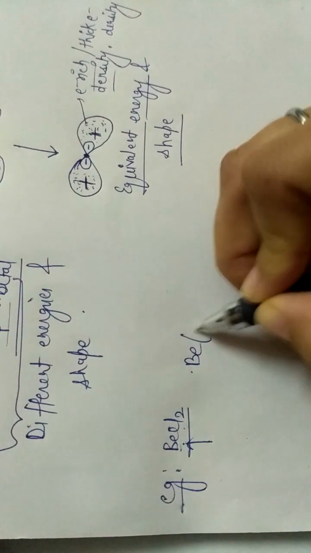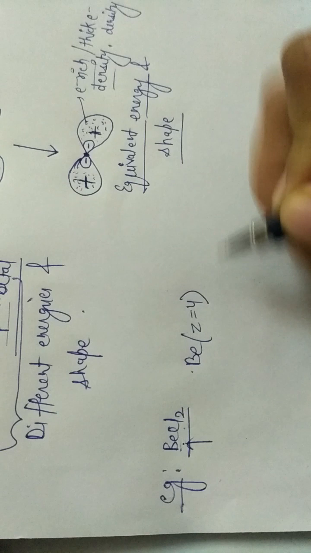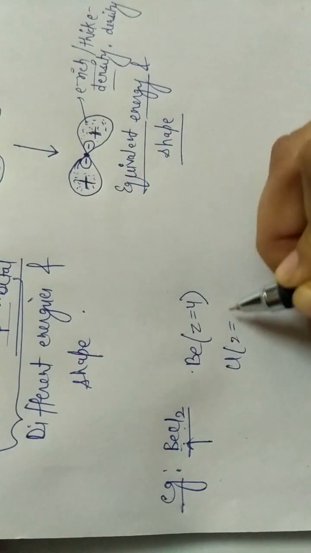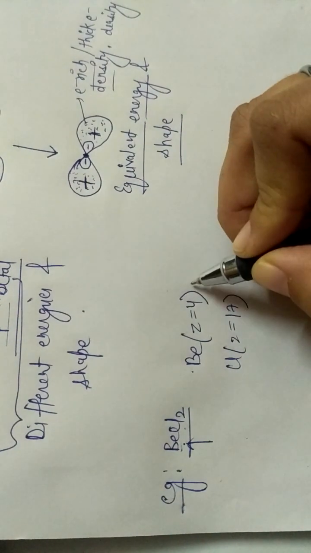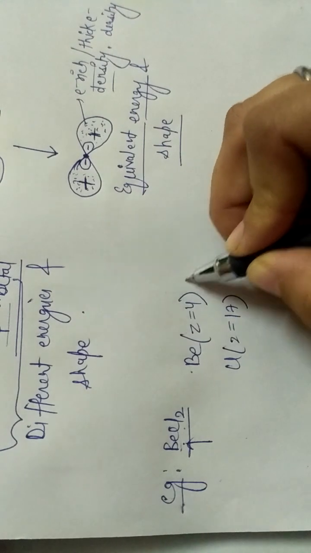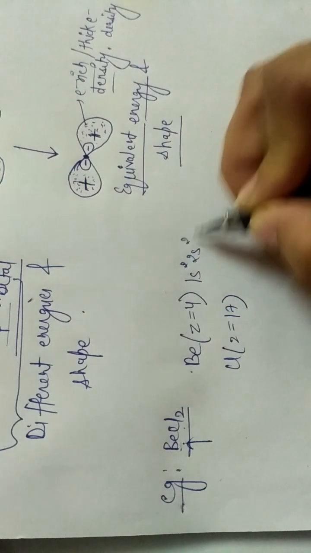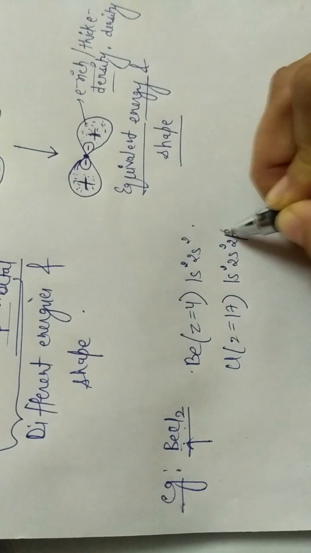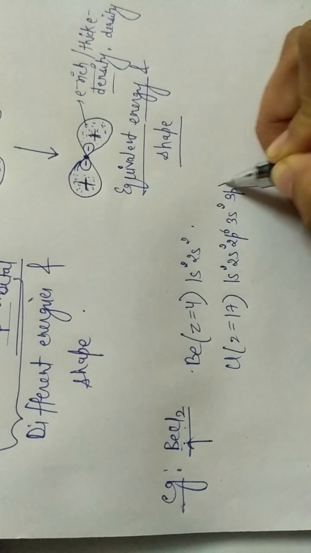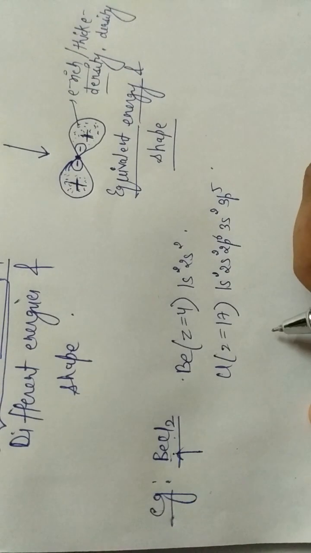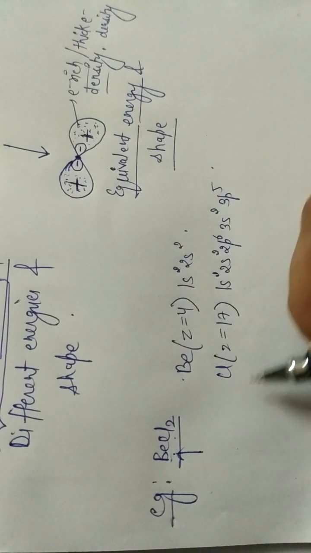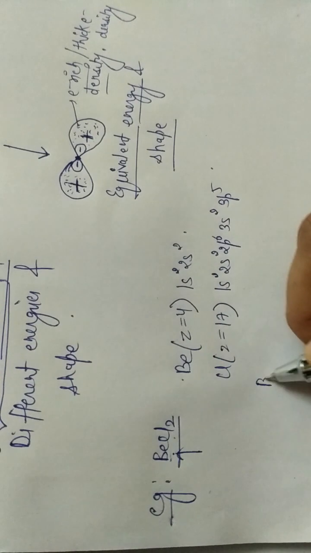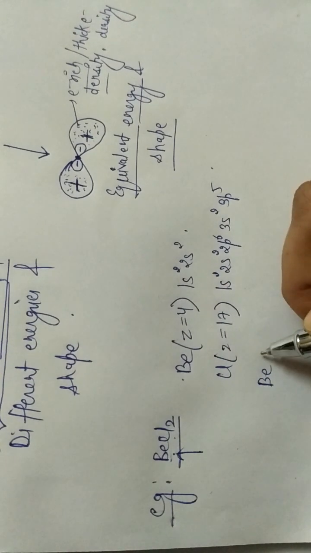Beryllium has atomic number 4 and chlorine has atomic number 17. The electronic configuration of beryllium we can write as 1s2, 2s2. Chlorine has electronic configuration 1s2, 2s2, 2p6, 3s2, 3p5. So now, as we have seen, beryllium can act as the central atom because of its lower electronegativity.